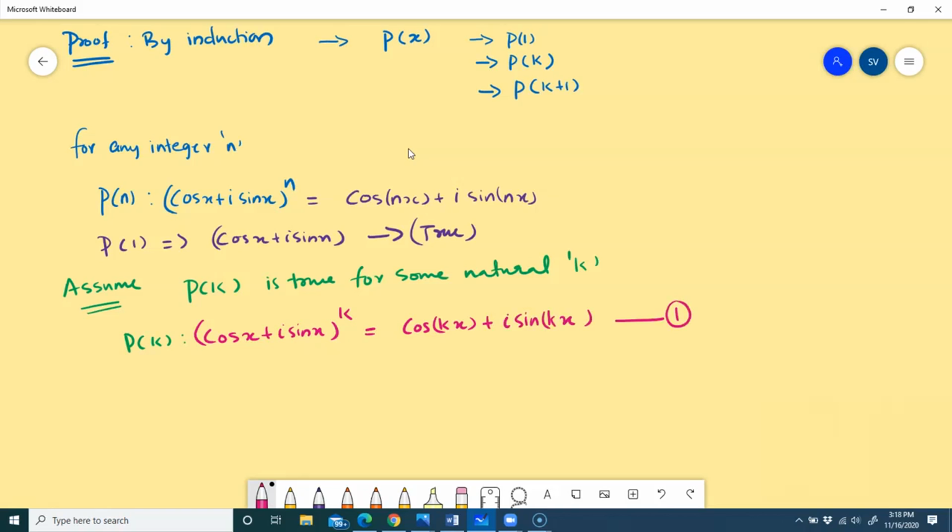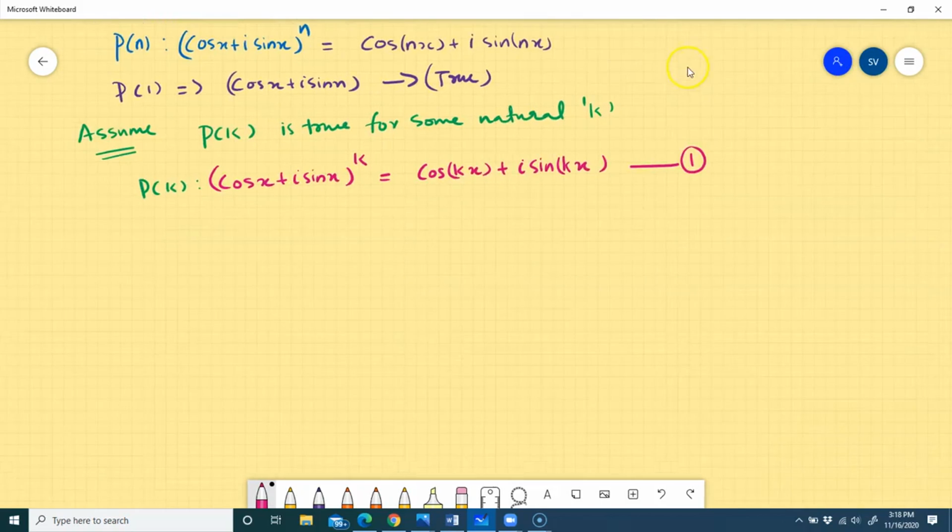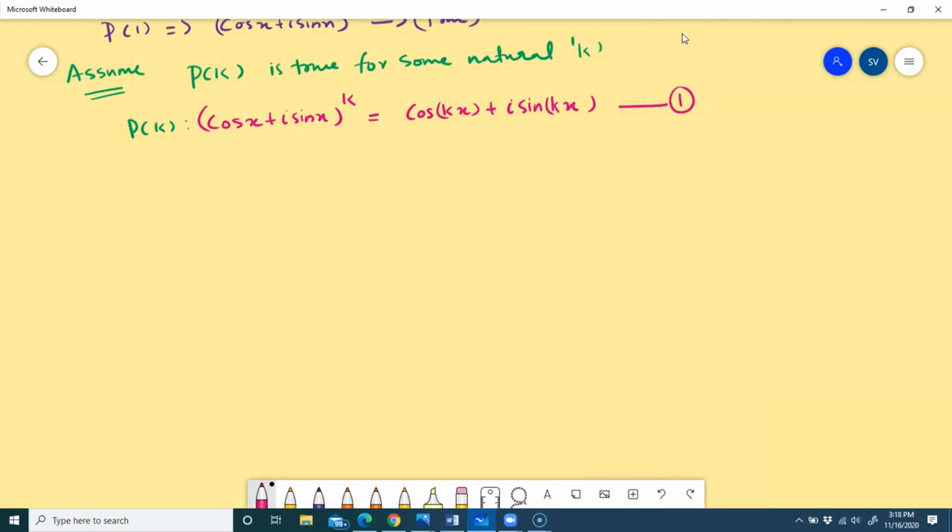Name it equation number 1 because we can use this in the next step. Now we need to prove P of k plus 1 also satisfies the same result.